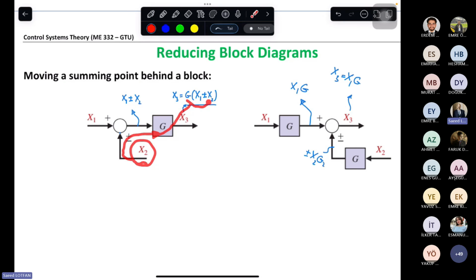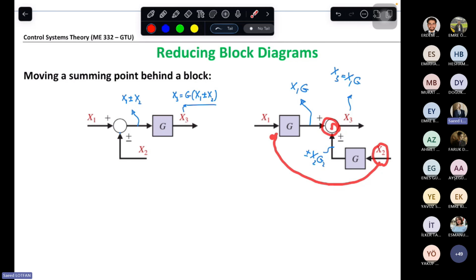Now, if I move this summation from one point to another, I have to say that this X2 was seeing G, so I have to add G here so that the results of these two are equivalent to each other. Clear?